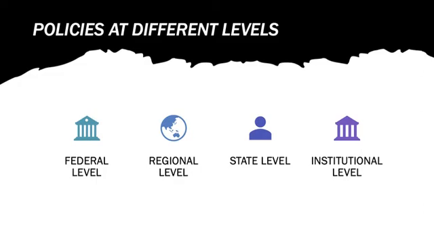Federal level may include policies such as accreditations and financial support. For example, there is a rule of 50%, which is institutions receiving federal aid are currently prohibited from outsourcing more than 50% of an academic program to an unaccredited provider.